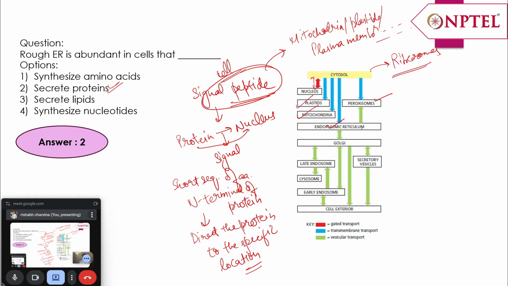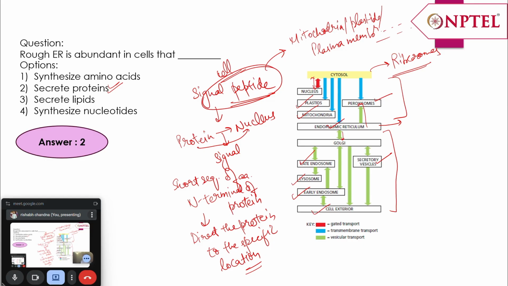From the endoplasmic reticulum, the proteins produced move to peroxisomes and Golgi bodies. From Golgi, they move to late endosome, lysosome, early endosome, exterior, or through secretory vesicles. Okay, so this is how the different proteins are distributed among different organelles in a particular cell.